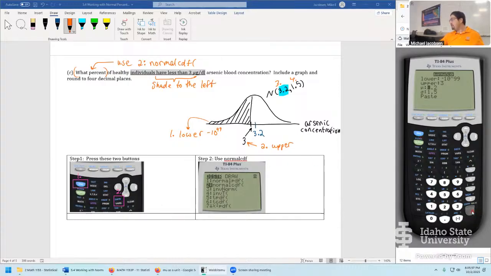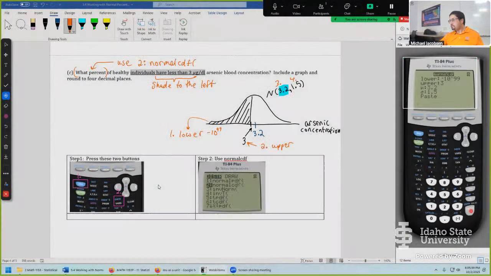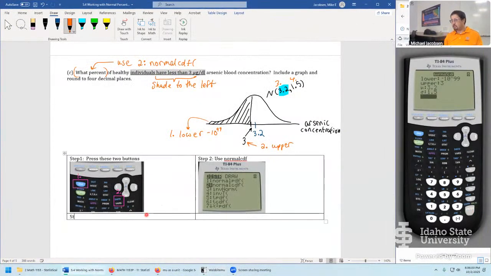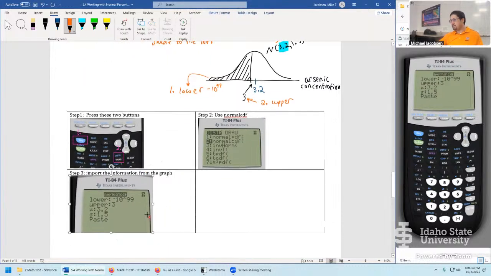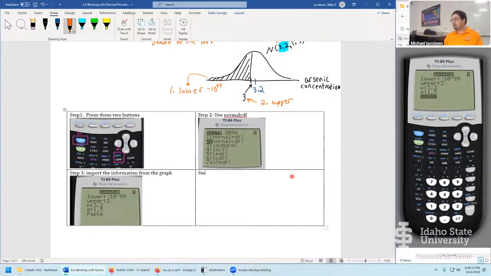So with all that set up, that's our step 3. Import the information from the graph, and here it is. And step 4, hit enter a bunch of times is the official approach.